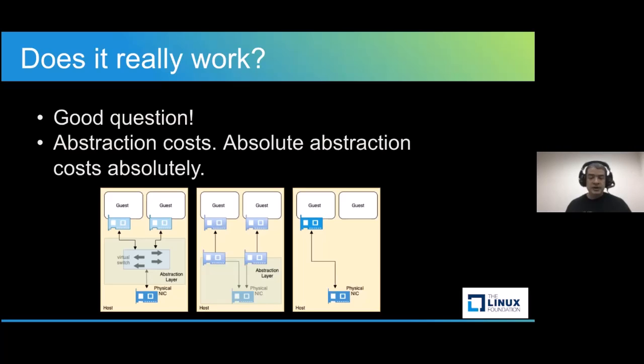Other cards have SR-IOV, which allows us to create fake cards at the card itself and then hand them off as before. So in this case, the card is really a virtual environment, a mini virtual server, but it only serves partitions of itself.